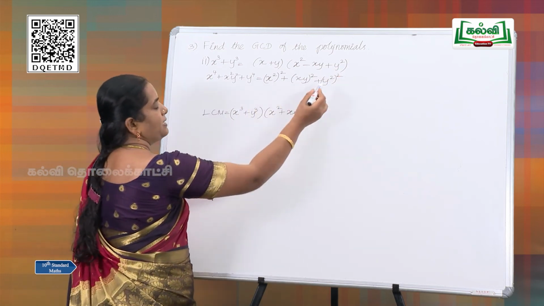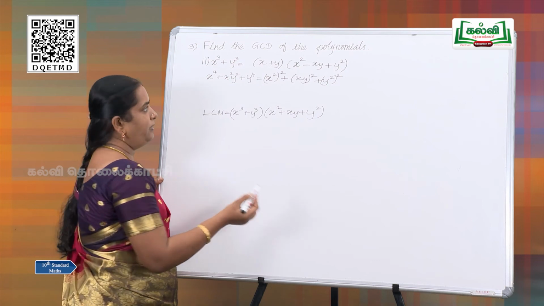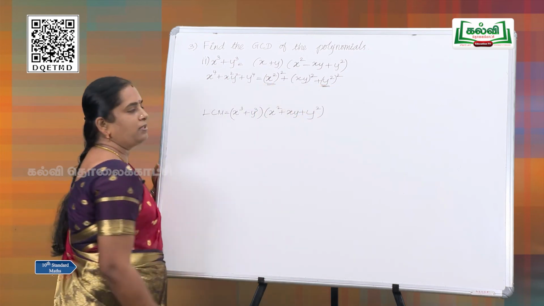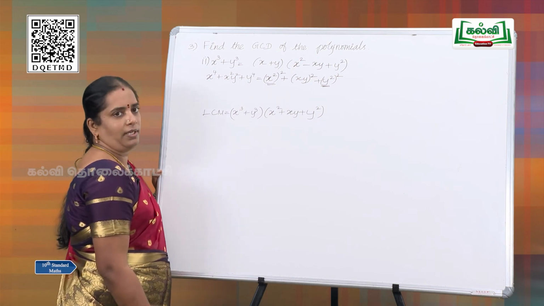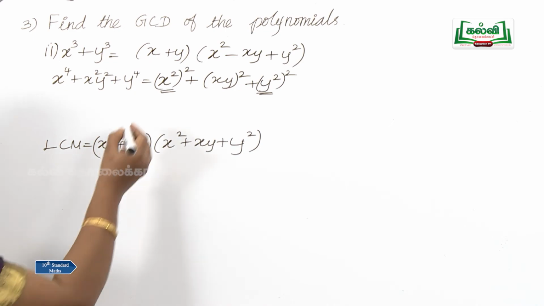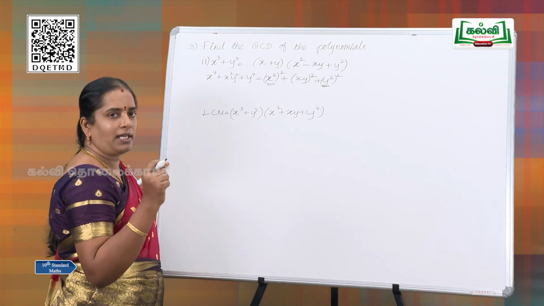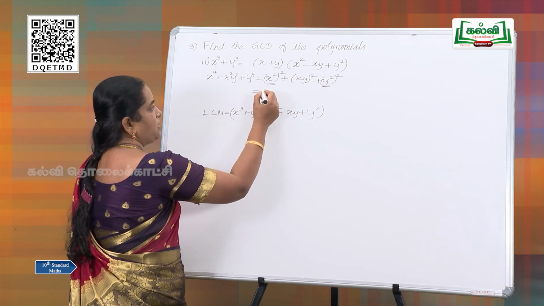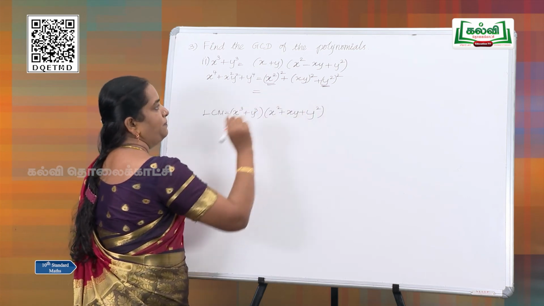See, all these have squares in it. So, let us take the x square the whole square and y square the whole square, since their powers are more. See, if we keep x square as a and y square as b, this is in the form a square plus b square plus ab.